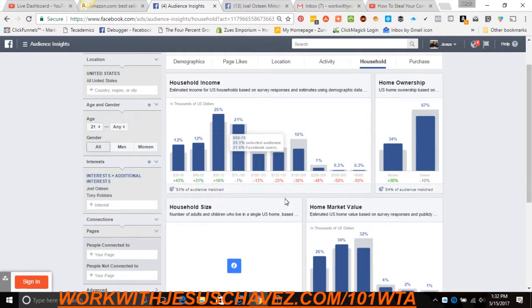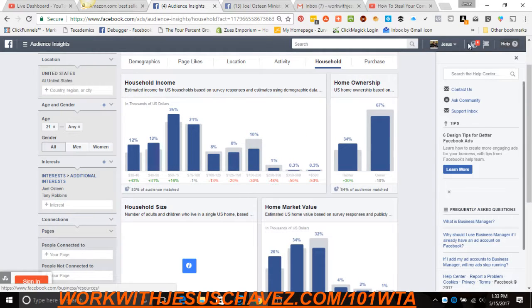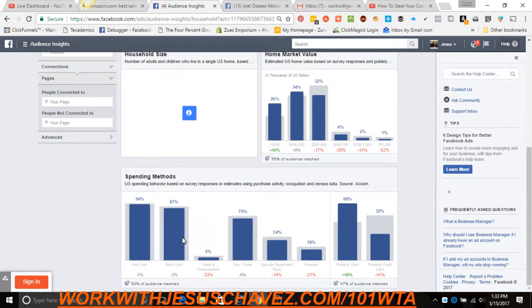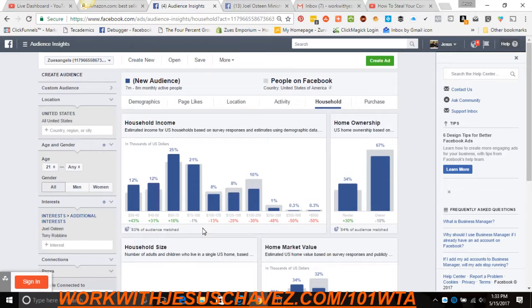What can you find out? Because Facebook changes, guys. So what you want to do is always keep up to date. Also, again, I can't stress this enough. Right here in the help center, you can actually get more information, how to contact them, support. That's where you want to go. But this tool will help you tremendously, guys.